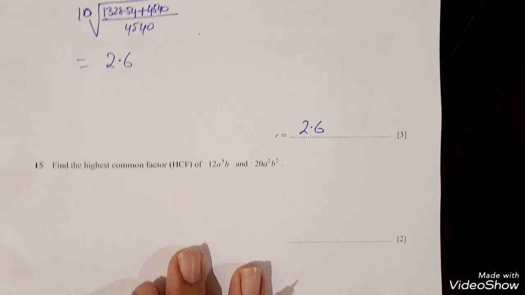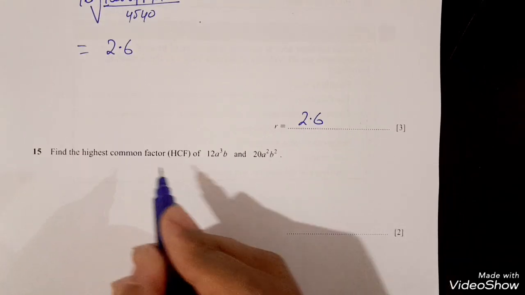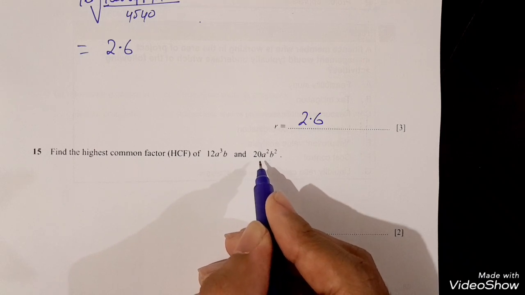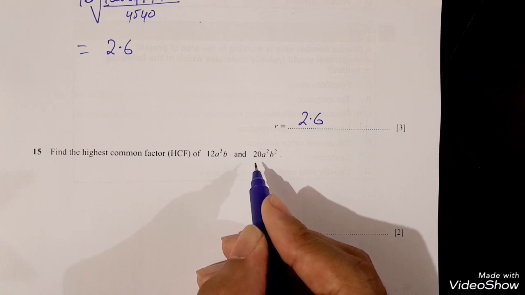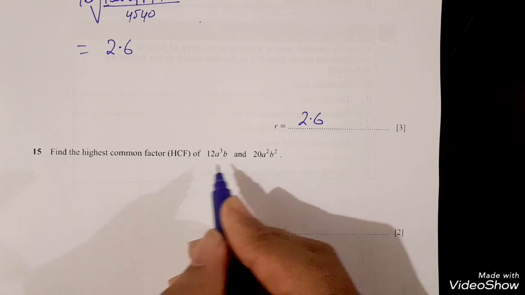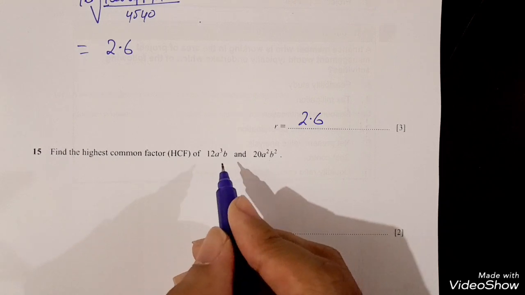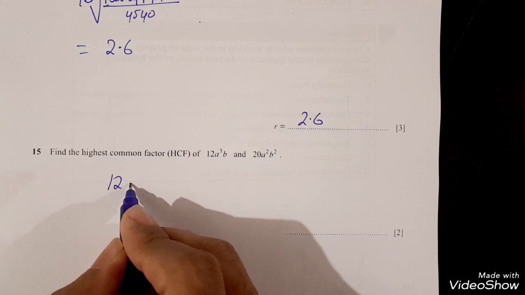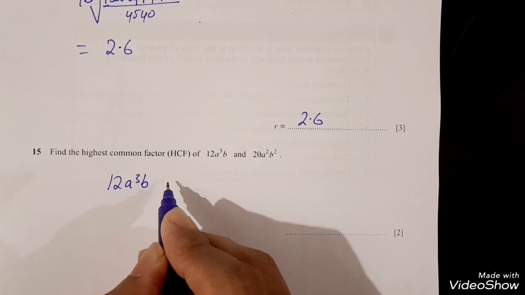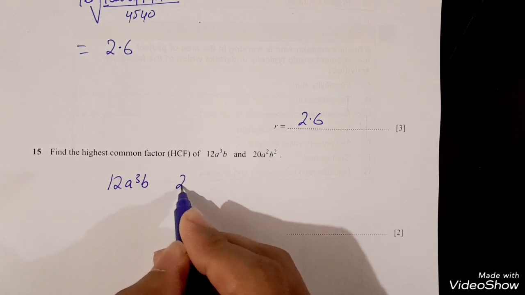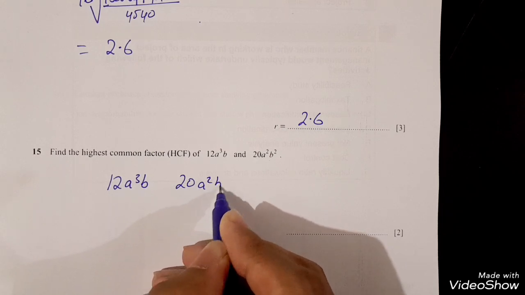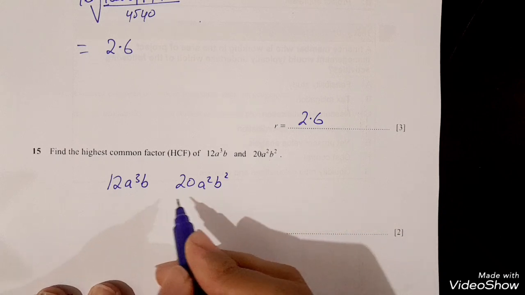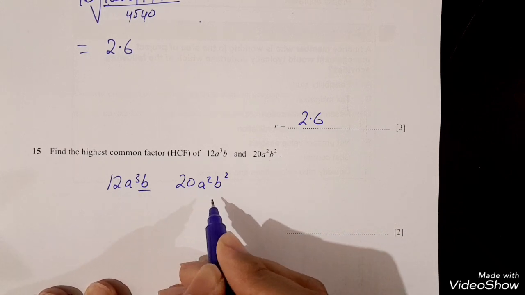Then question 15 states, find the HCF of 12a cube b and 20a square b. So over here we will write 12a cube b and 20a square b square. In both, what is common is b and a square.